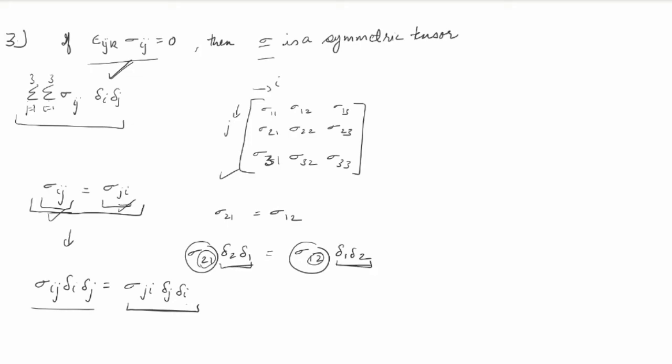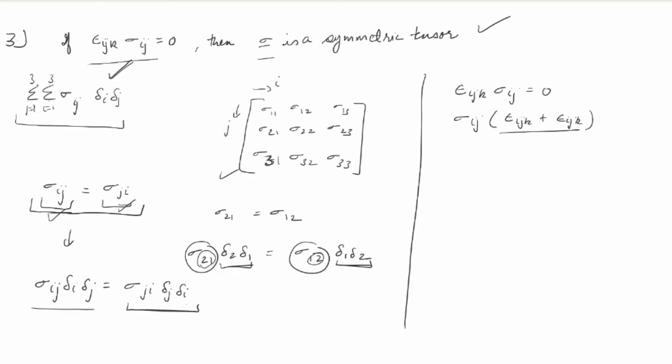So if this is the case, if we want to now prove this particular statement, then we have that Eijk sigma Ij is equal to 0. That can be written as sigma Ij, Eijk plus Eijk, divided by 2, is equal to 0.